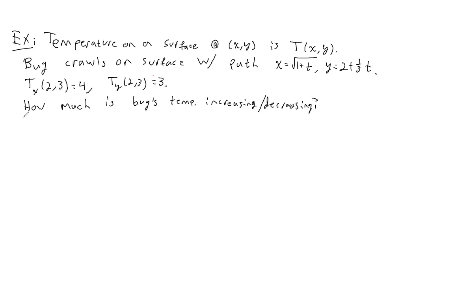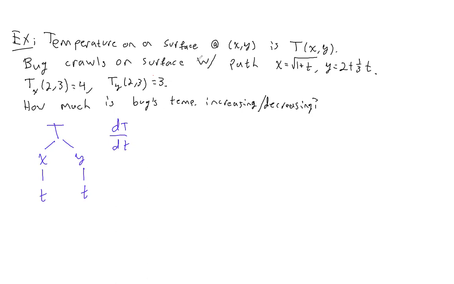So to answer this question, we need to remember what the chain rule says. Here we've got temperature, and temperature depends on two variables, x and y. It's the temperature at that particular point. But each of x and y depends on t. So this is just a simple application of what we sometimes call chain rule 1. The basic idea here is that the rate of change in the temperature at time.